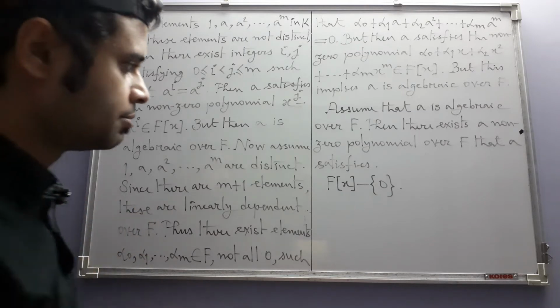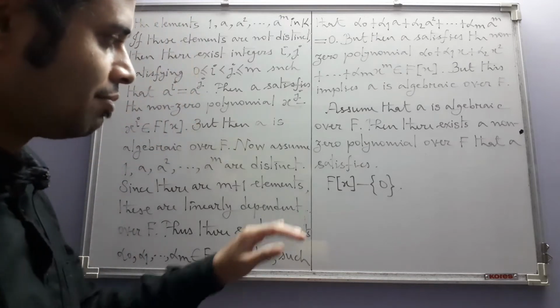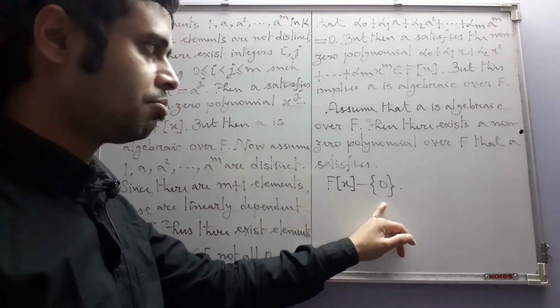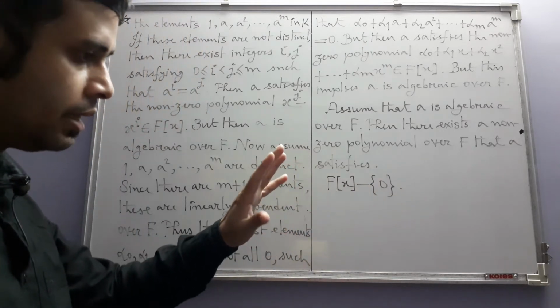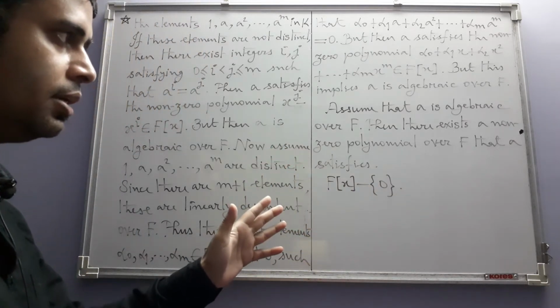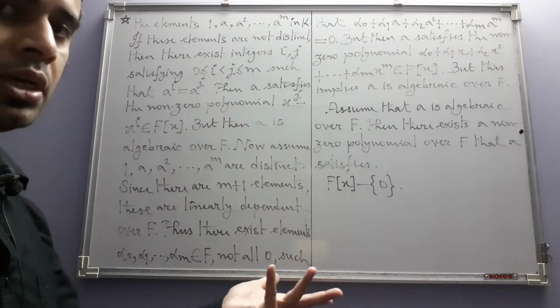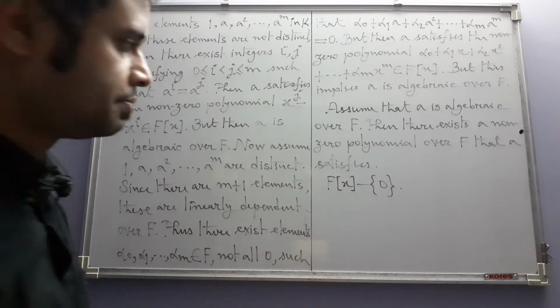That is the point. So obviously there will also be a non-zero polynomial which A satisfies and whose degree is the minimum possible, by the well ordering principle.